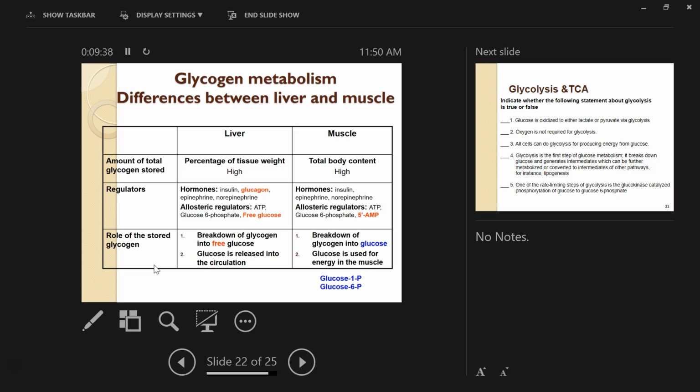And also the role of the stored glycogen in terms of contribution to circulating glucose is different, right? Liver is able to release glucose from glycogen breakdown, but muscle is not. And again, the reason is the glucose 6-phosphatase enzyme, which is lacking in the muscle.